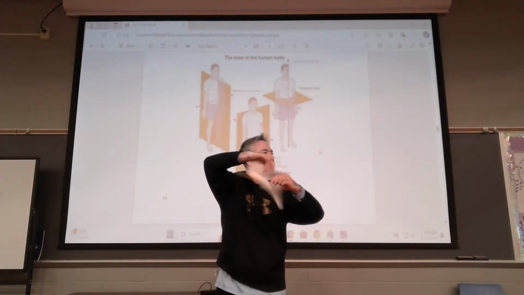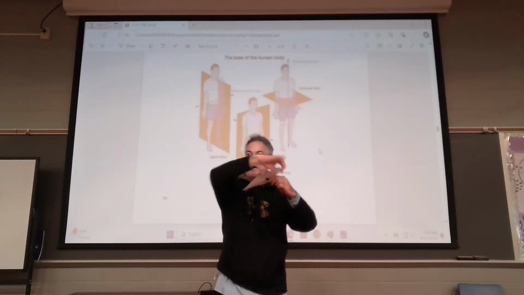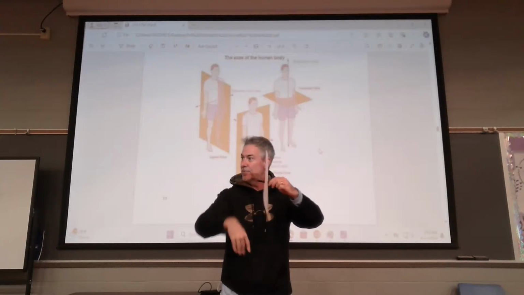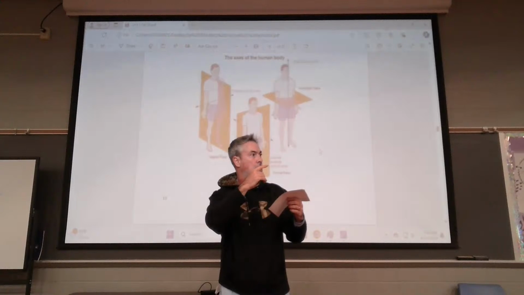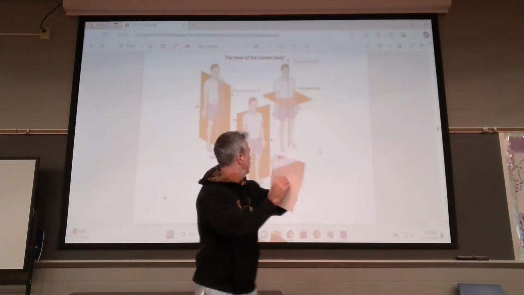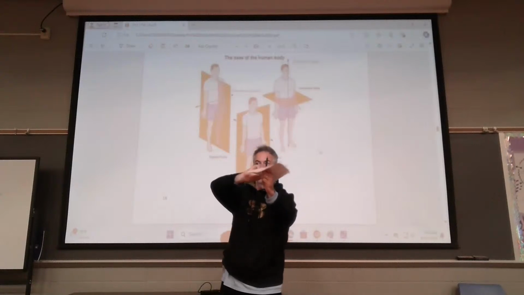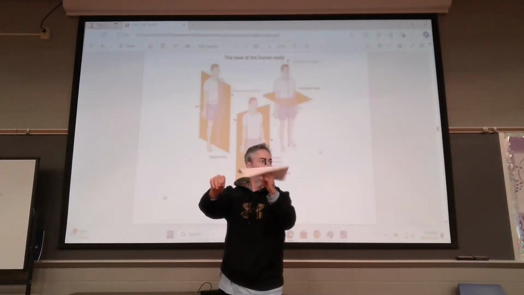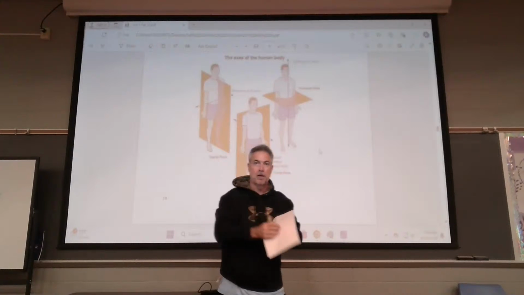The paper can't spin like this. And the paper also can't spin like this. There's only one way the paper can spin about that pin. There's just one. And if I want to move it like this, that's it. Paper can't spin like this, and the paper can't spin like this.